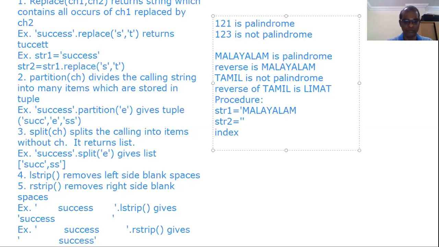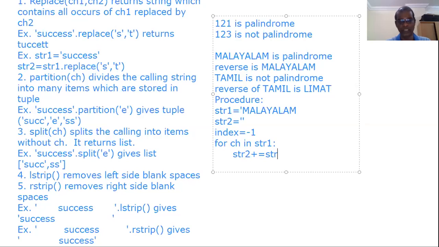Now one more variable I'm declaring, that is index, initially with -1. Now we have to start from the right hand side, the last character. For that we need one loop. For ch in str1, str2 plus equal to str1 of index. Then index should become -2.